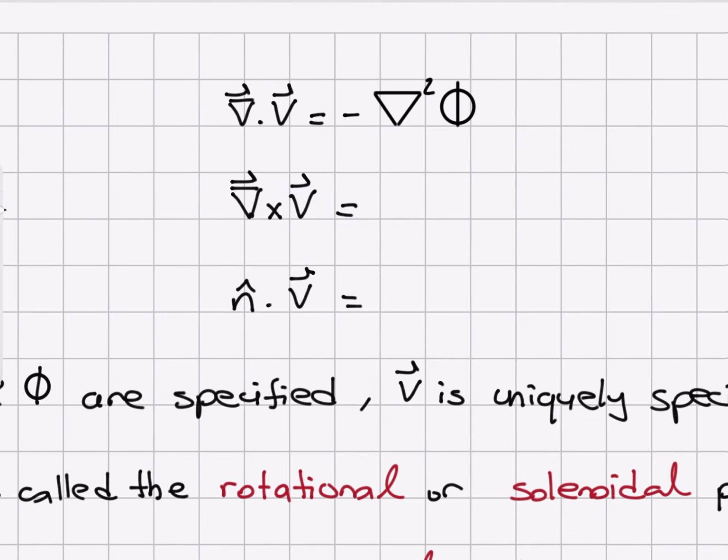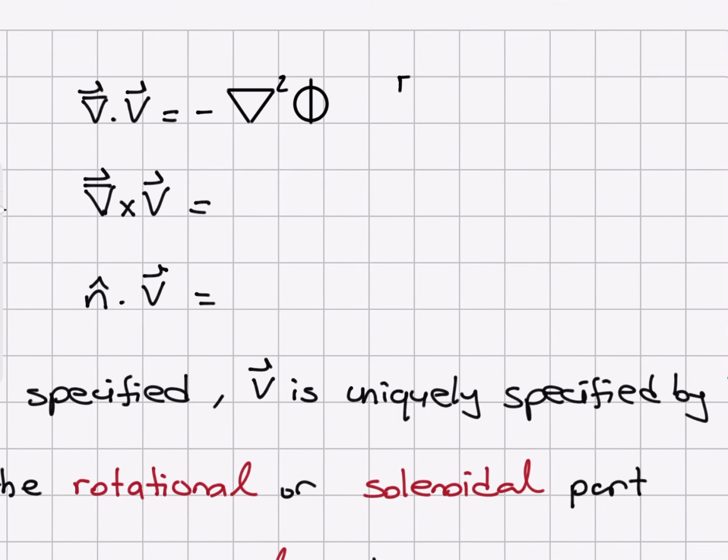So that means divergence of V is equal to minus del square phi. All right, so this is true because we have divergence of the curl of A equal to 0.